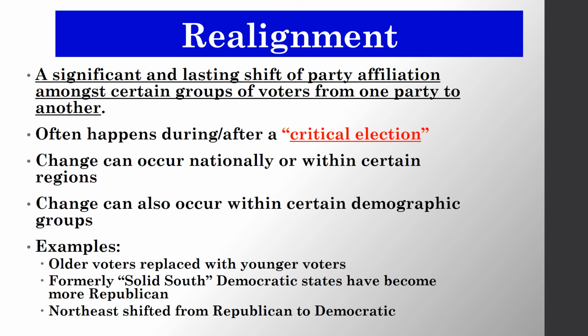most famous being 1932 with Franklin Roosevelt, you saw a major shift in voting behavior and a major shift towards the Democratic Party. So you had, for instance, what we call the New Deal coalition formed, and you had African Americans and Southern whites and sort of socially conscious people in the Northeast, and liberals.